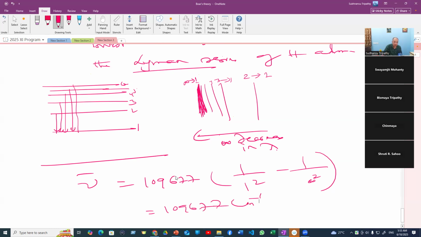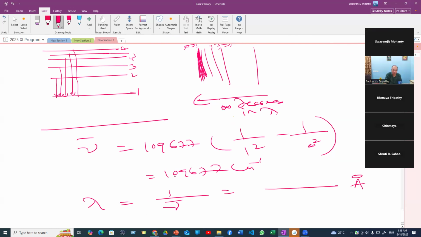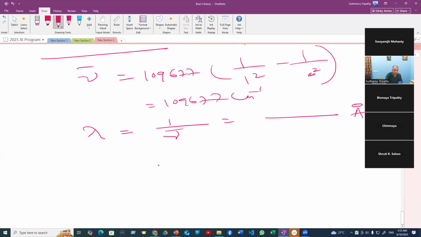You can convert it to lambda is 1 by nu bar, and tell me what the angstrom value will be for the last one. Can you calculate for me? Yes? The last one. Sir, 911.768.